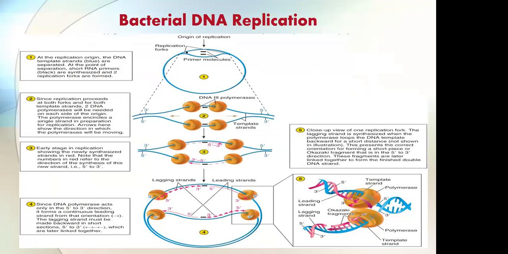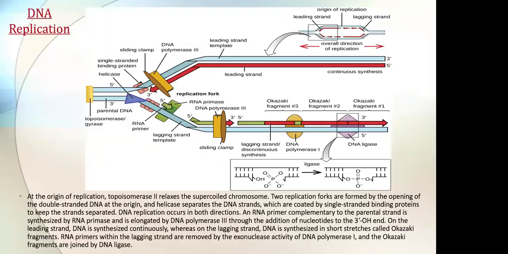Now the fork-like area, when the two strands get separated, that region just near the origin of replication looks like a fork. That area is called the replication fork.